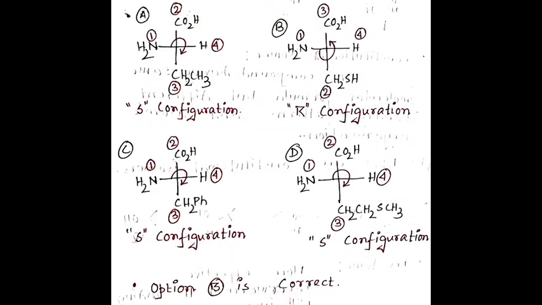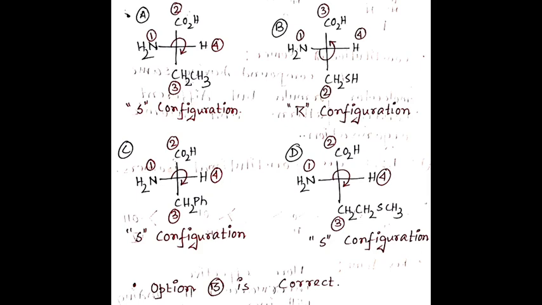If we think about the first amino acid, at first we number the groups according to priority. In this one, NH2 is the first priority, second is the carboxylic group, third is the ethyl group, and last is the hydrogen atom.